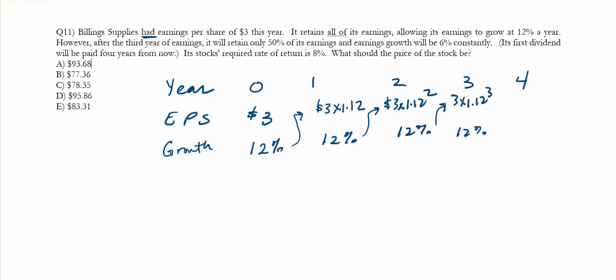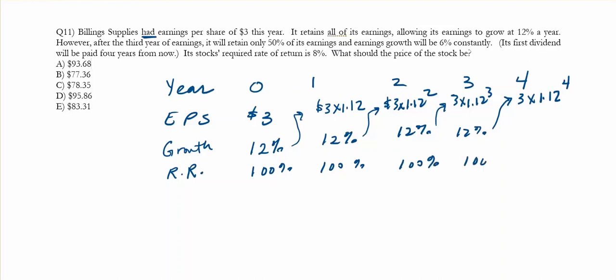The 3rd year, all the earnings are retained, so that 12% growth will mean that the earnings in year 4 will be 12% more than the earnings in year 3. Now, what they do with the current year earnings is retain all of it. So they've been retaining everything and will retain everything for 3 years.